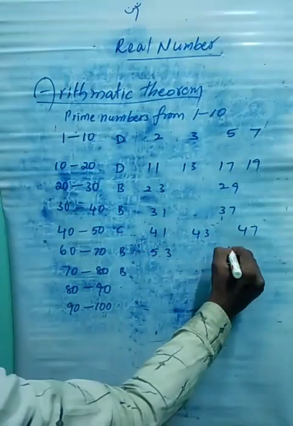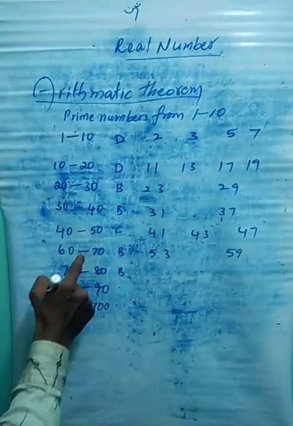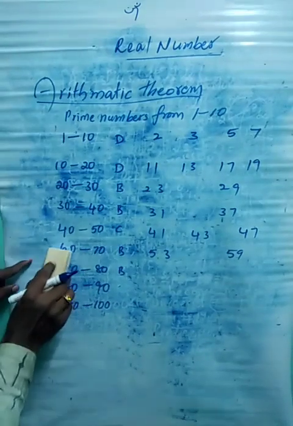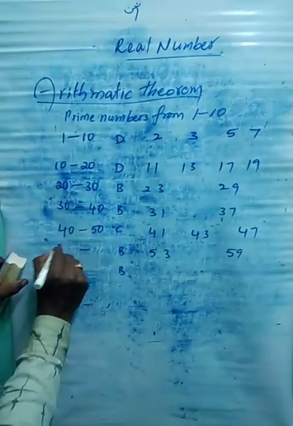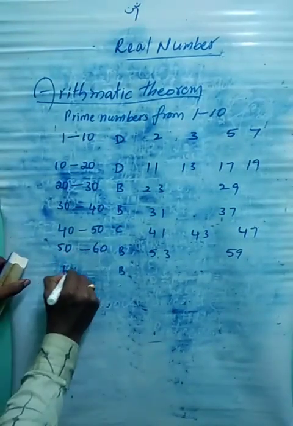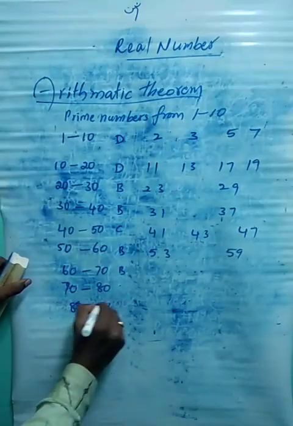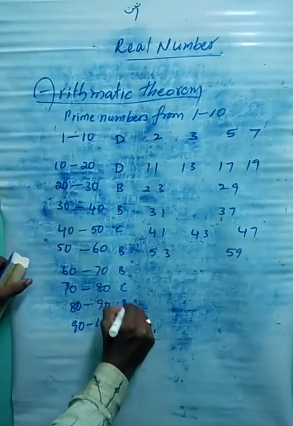53, 59, here 60 to 70. Sorry, here I missed 50 to 60, 60 to 70, 70 to 80, 80 to 90, 90 to 100. Now the code is possible: BBC, BA.